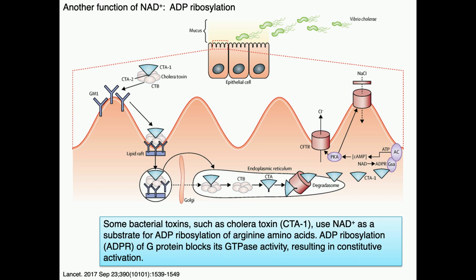So it's going to be consuming the cell's NAD to ADP ribosylate and constitutively activate protein kinase A. And then when protein kinase A gets activated, you get phosphorylation and activation of the cystic fibrosis transmembrane conductance regulator, the CFTR protein. That then effluxes chloride ions out into the lumen of the gut. And then that causes an osmotic imbalance, so you get a bunch of water flowing into the lumen of the gut, and that causes diarrhea, which will perpetuate the Vibrio cholera out into the environment.